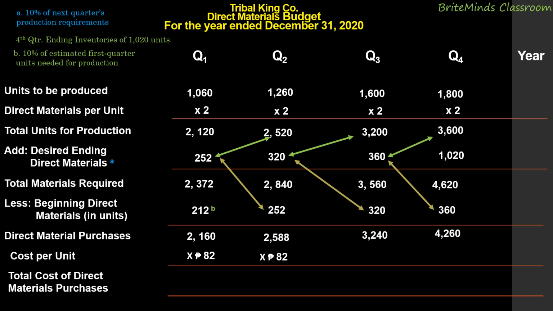And then also the same for the second quarter, multiply by 82 pesos per unit, and then for the fourth quarter, 82 pesos. Okay, so our total cost of direct material purchases for the first quarter, 2,160 multiplied by 82 pesos.